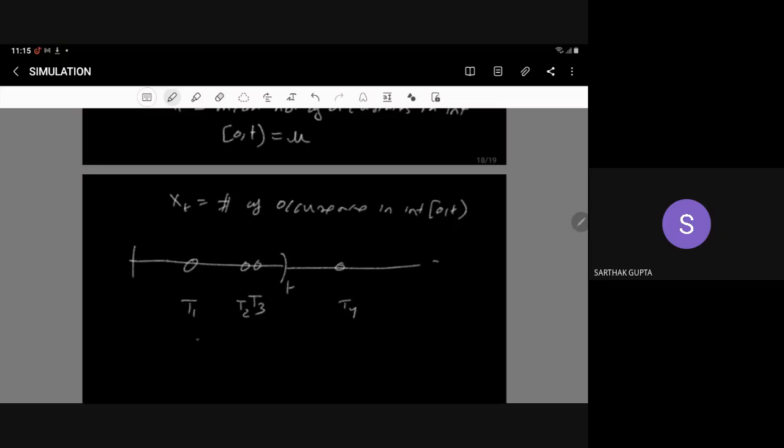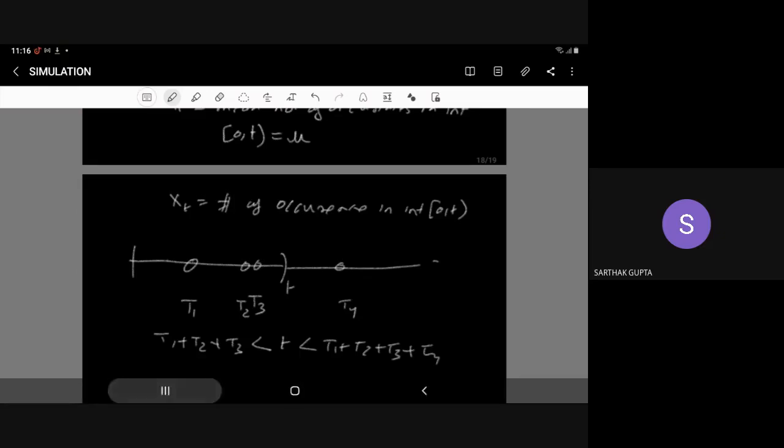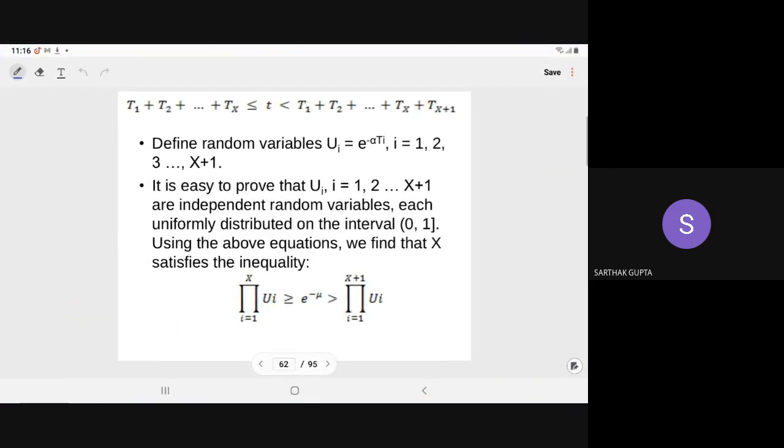So naturally, t1 plus t2 plus t3 is less than t, which is less than t1 plus t2 plus t3 plus t4. So if we are talking about the third event, we can write it in this way. So t1 plus t2 plus up to tx is less than or equal to t, which is less than t1 plus t2 plus up to tx plus tx plus 1.